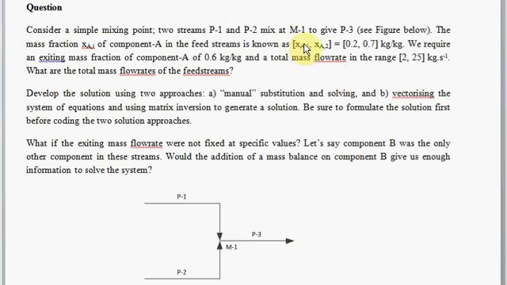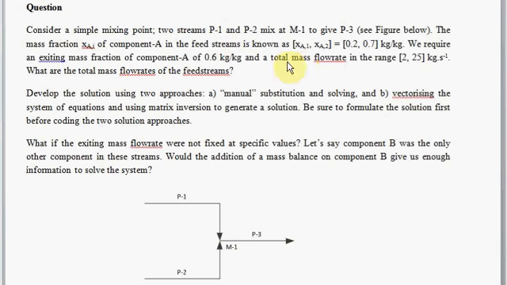We're saying the mass fractions of A in these two streams are 0.2 and 0.7. That's kilograms per kilogram. And we are requiring the exiting mass fraction of A to be 0.6 kilograms per kilogram. So we know the mass fraction in that stream as well. What we really want to determine is the mass flow rates in these streams that accomplish that set of mass fractions.